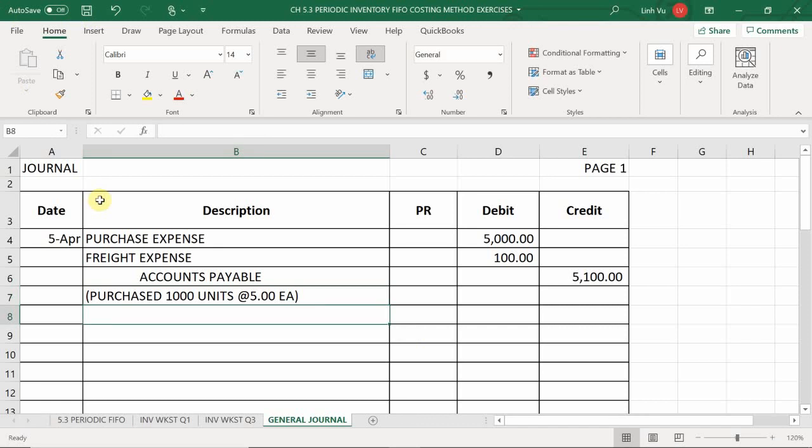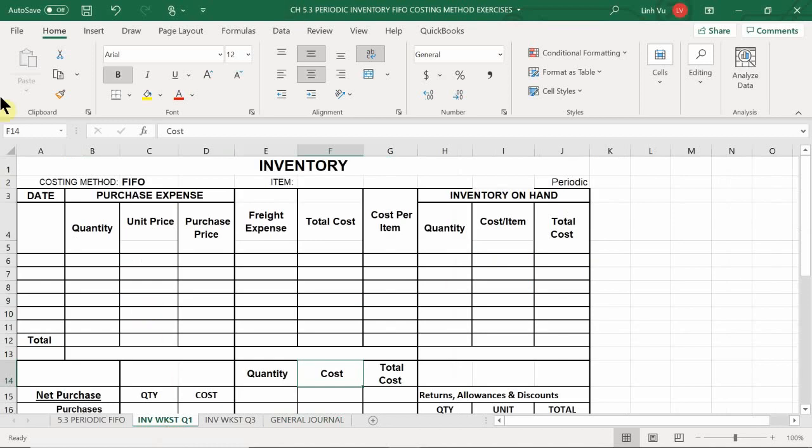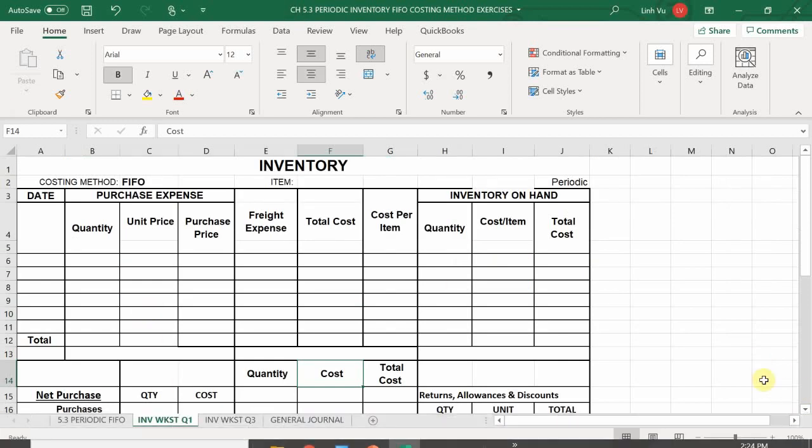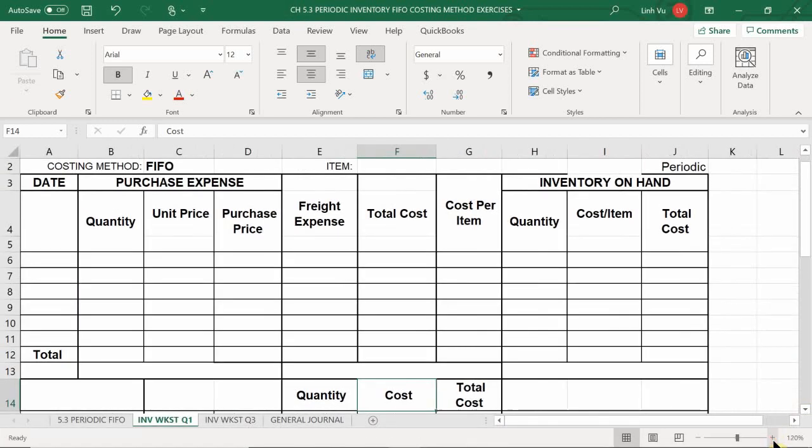So now let's go ahead and plug those into our inventory worksheet. I'm going to explain the sections real quick. The first section that we primarily see is this top half, where our majority section is going to be our net purchases, or in this case, our purchase expense.